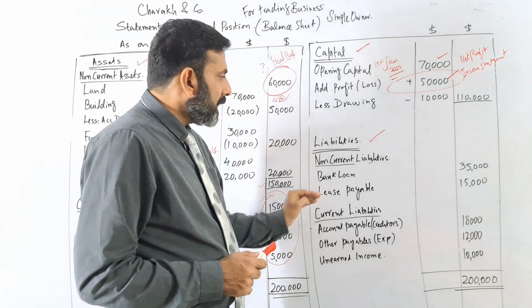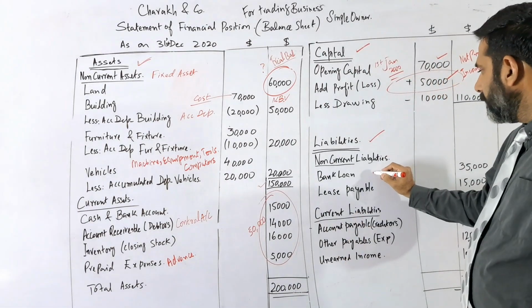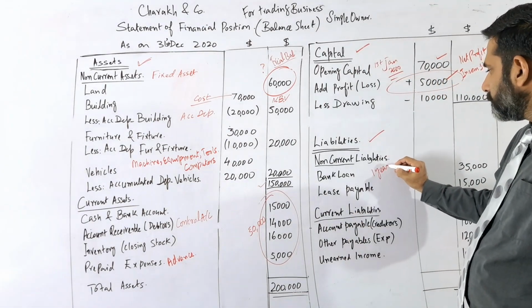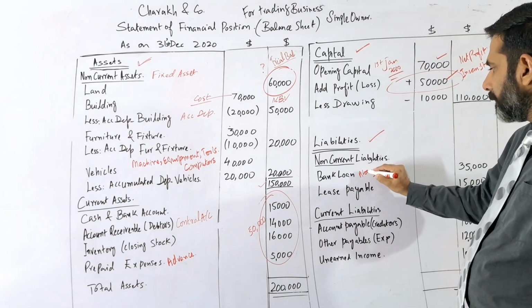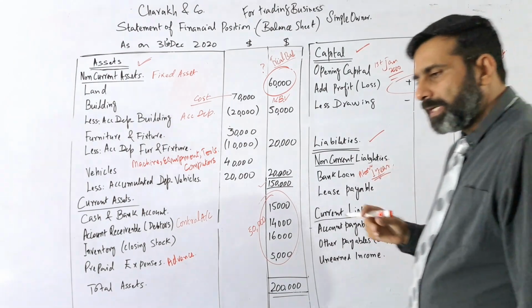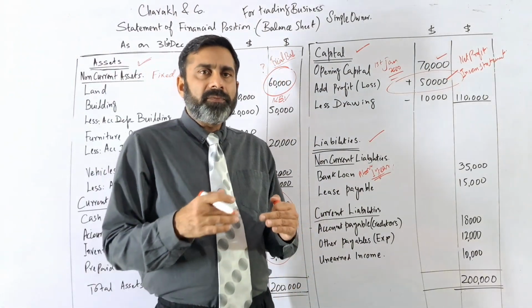In the non-current liabilities, again the rule is very simple. If it is above 1 year, what does that mean? You have to pay the liability, but after 1 year.